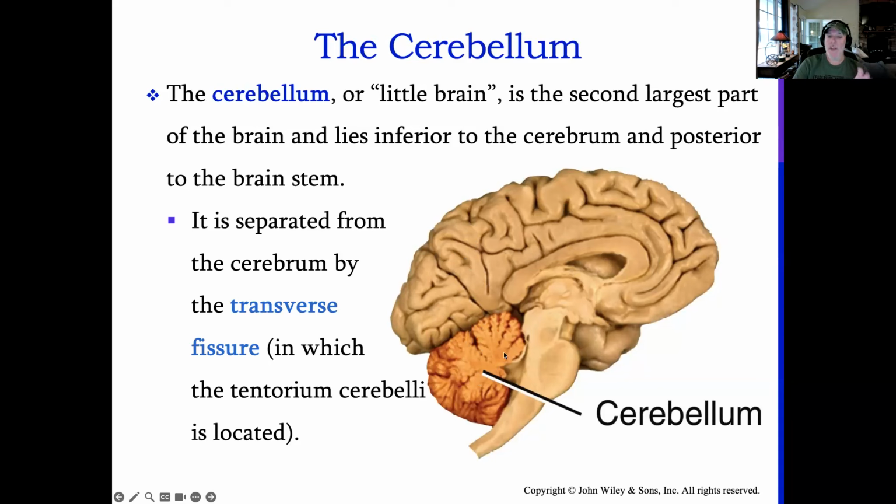So the cerebellum is going to play a huge role in things like our ability to coordinate complex motor movements. Walking, for example, is a hugely complex process, which requires changes in center of gravity, shifting your body weight, swinging your right arm forward as your left leg goes forward, and then your left arm forward as your right leg goes forward, and transference of weight to the ball of your foot and the heel of your foot.